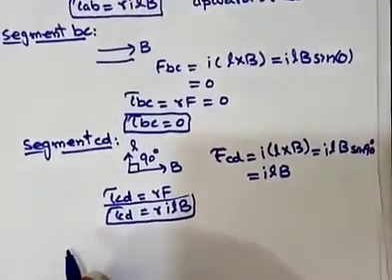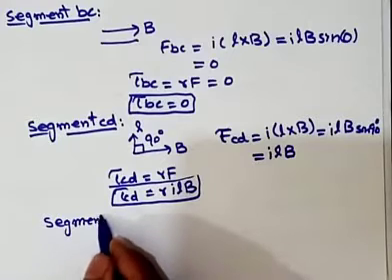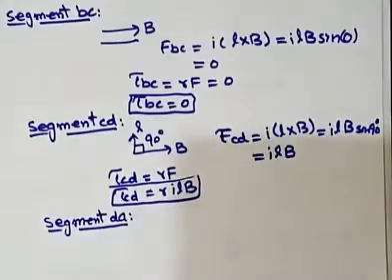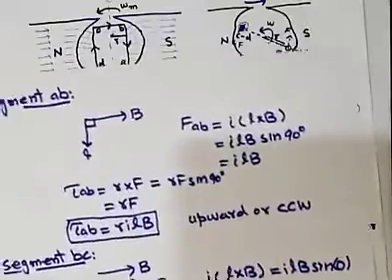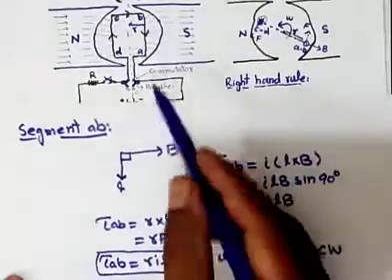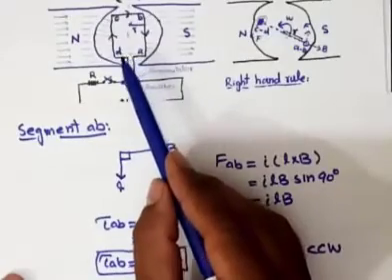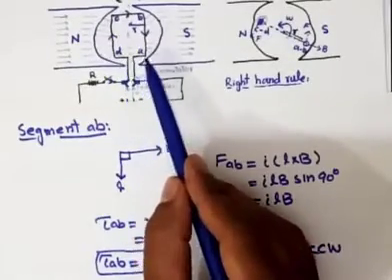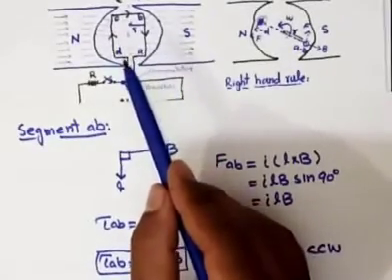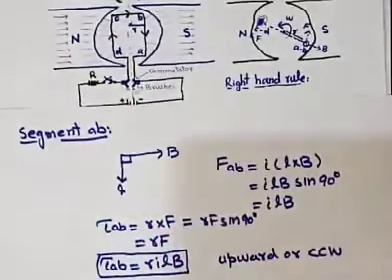The last segment is segment DA. Again, as you can see in this diagram, the segment DA is parallel with magnetic field B. It means the angle between the length of the conductor DA and magnetic field B is 0 degree.